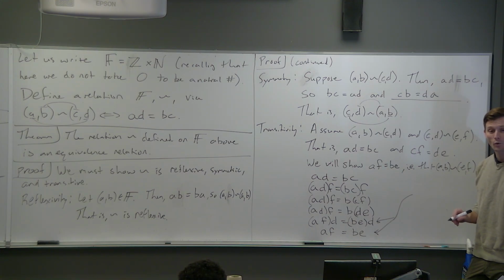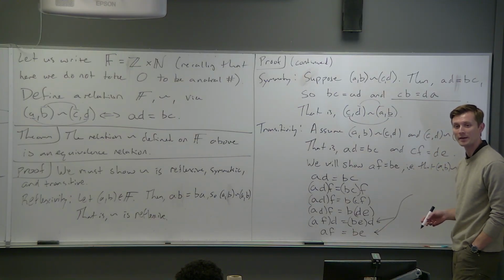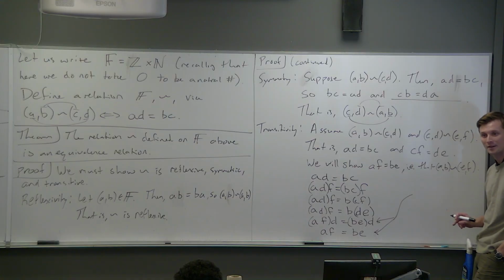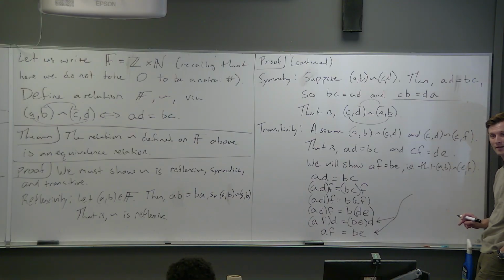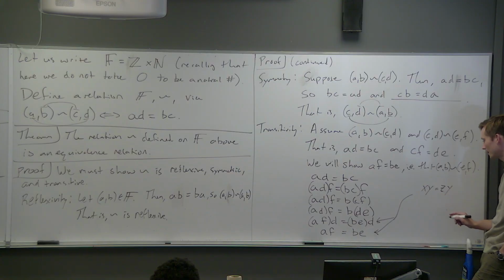Well, effectively, what we want to say is fractions, but could you somehow prove this statement without appealing to fractions? That like D over D is 1. But now you're still thinking fractions if you want to say something over something is 1. That is, is it true that xy equals zy implies that x equals z?